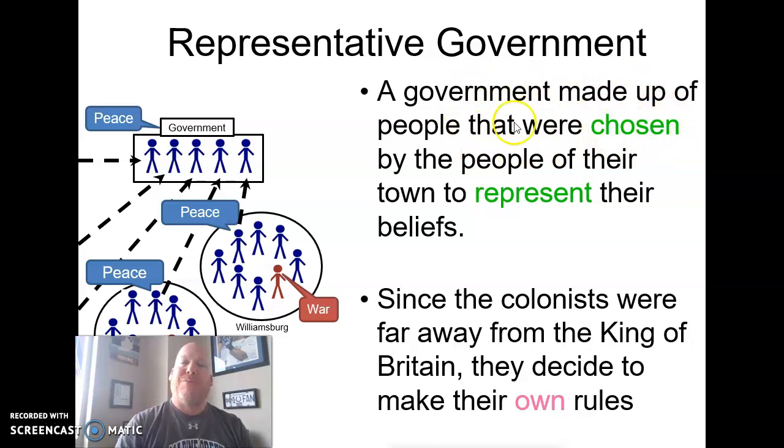So it's a government made up of people chosen or elected by the people of their town, their state, or the entire country. It can be any of those. These people are supposed to represent the beliefs of the larger group. Maybe we've got 100 people. They select one person to be their representative, and that person will then represent the whole group, voicing their opinions and concerns on behalf of those people.